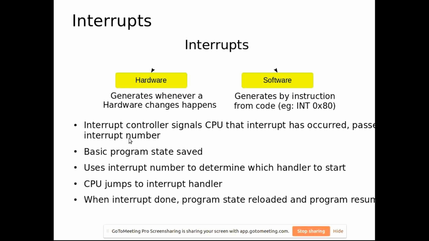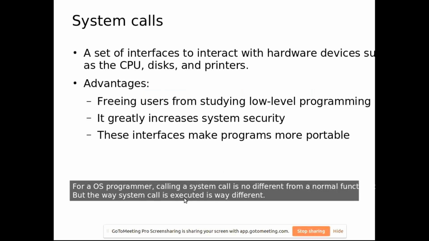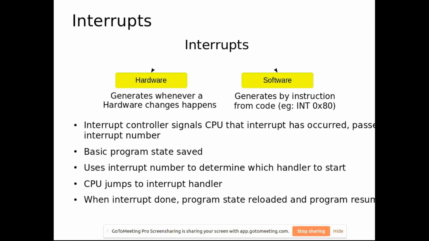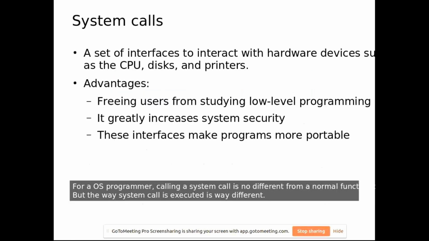So we have some ISRs, interrupt service routines, that are called when we have an interrupt, right? Okay. So, a system call is a set of interfaces to interact with a hardware device such as the CPU, disk, and printers. We have various advantages of system calls, freeing the user from studying low-level programming, because system calls are somewhat a wrapper above the kernel to interface with kernel-level APIs. It decreases the complexity because there are more complex operations in the kernel.